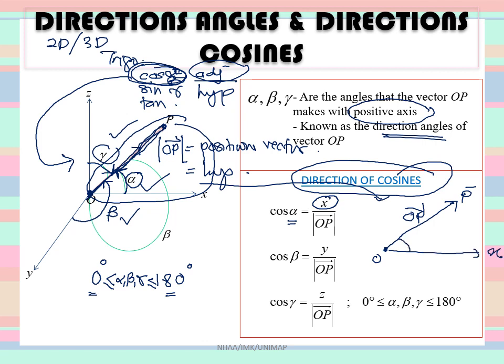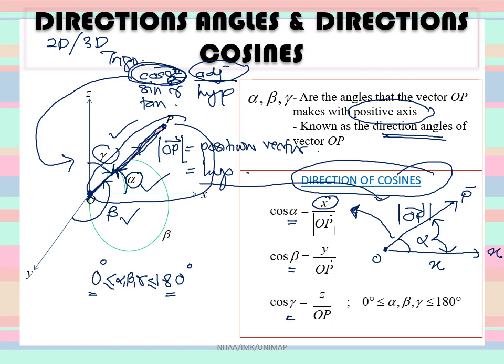Alpha is in between the vector and the axis. So cos of this angle is the adjacent over the hypotenuse. What is the adjacent of alpha? It is the value of x. What is the hypotenuse? It is the length or magnitude of vector OP. That's why you have this formula, and it applies to the other two angles, beta and gamma.